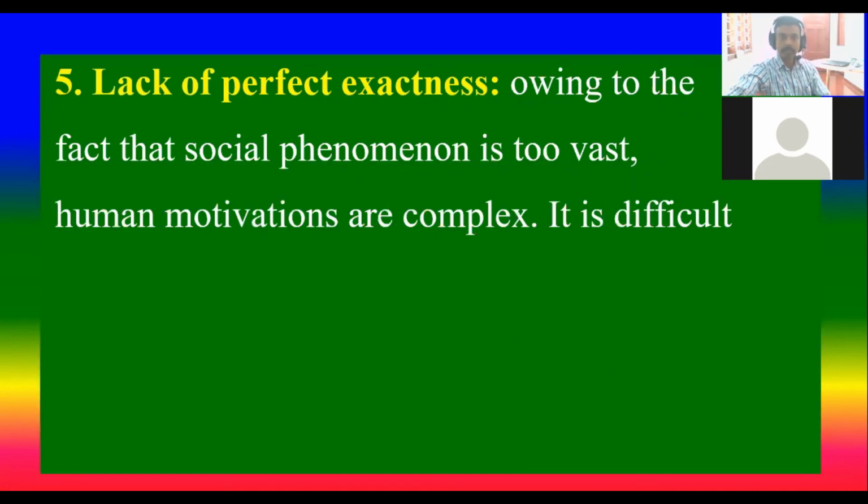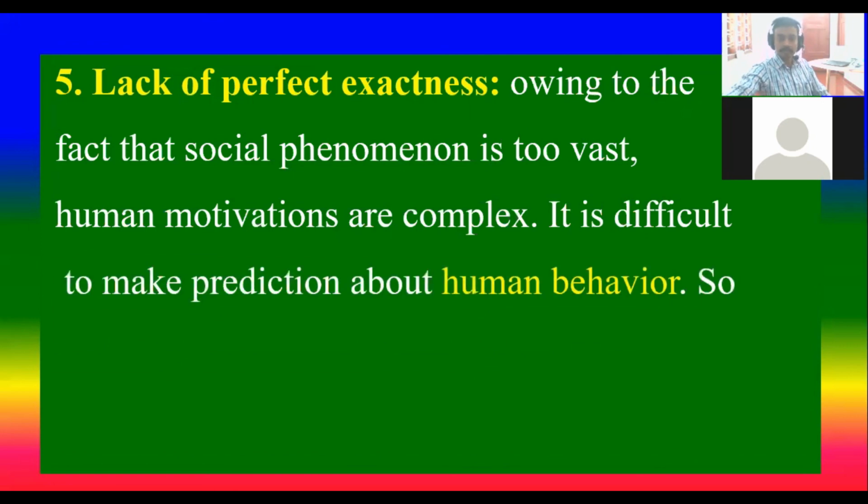Fifth one, lack of perfect exactness. Perfectly, we cannot be exact. But in science we have formulas, for example chemistry has formulas. In sociology it is difficult to set a formula exactly and difficult to get the exact result. So sociology is a social science.